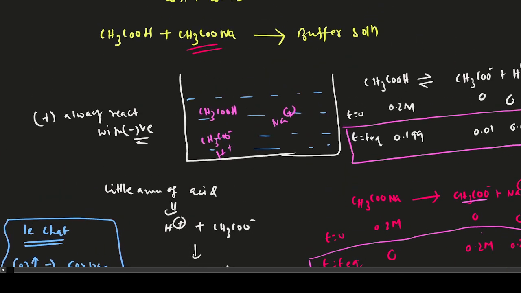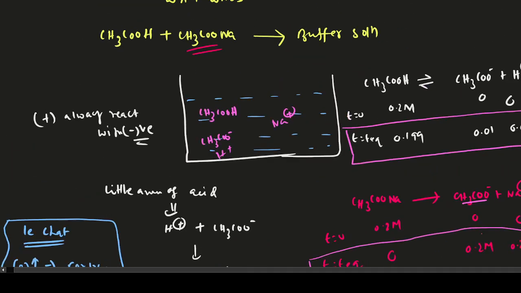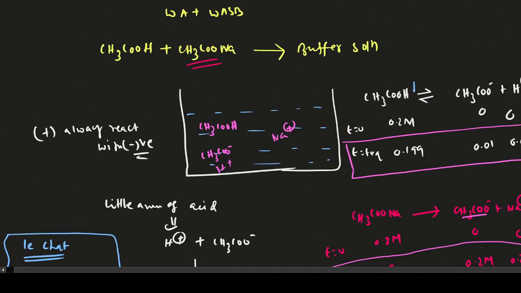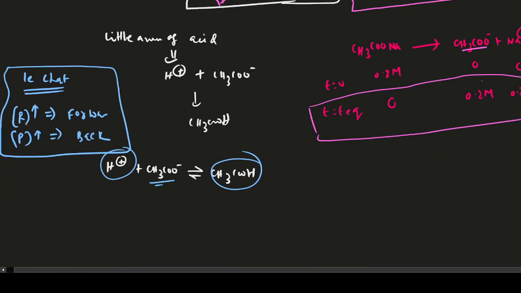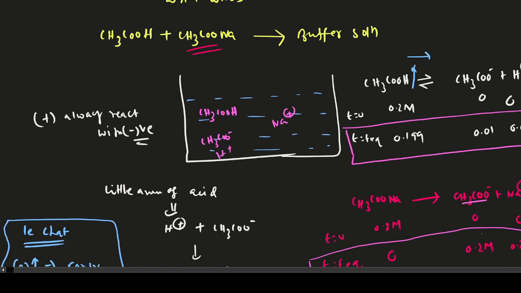So CH3COOH is increasing in the solution because the H plus you are giving reacts with CH3COO minus and CH3COOH is forming. So the concentration of this is increasing, and if the concentration of reactants increases, then the forward shift will occur, according to Le Chatelier's principle.